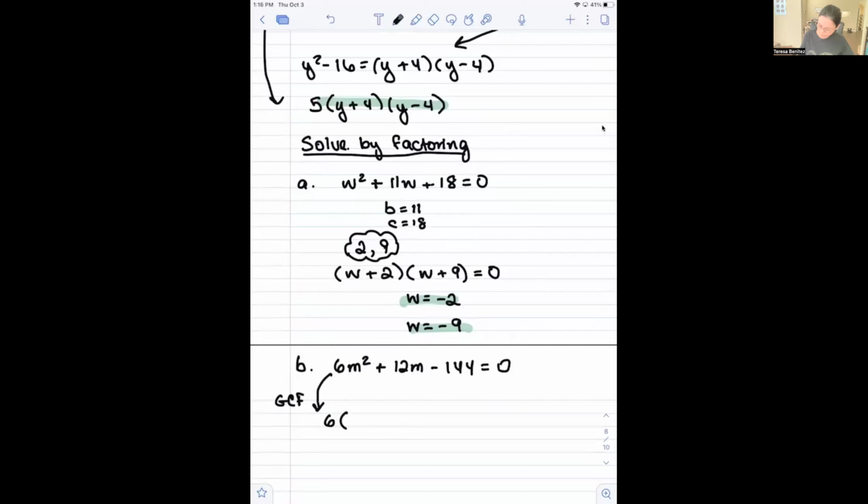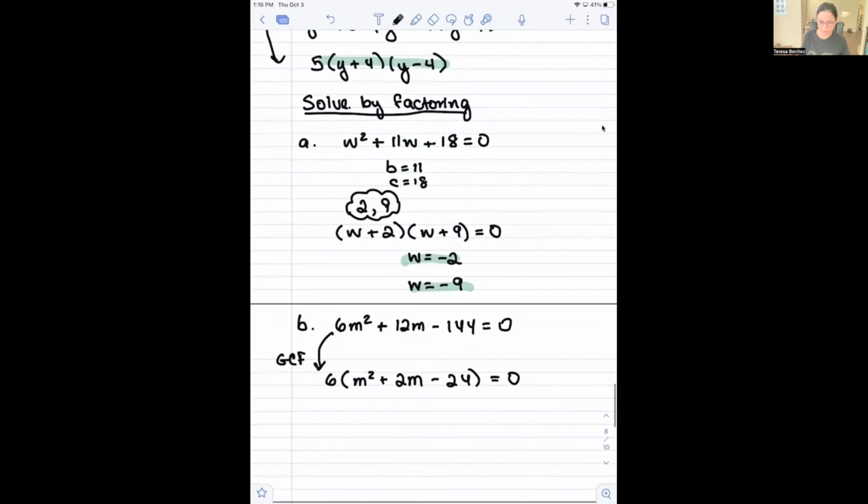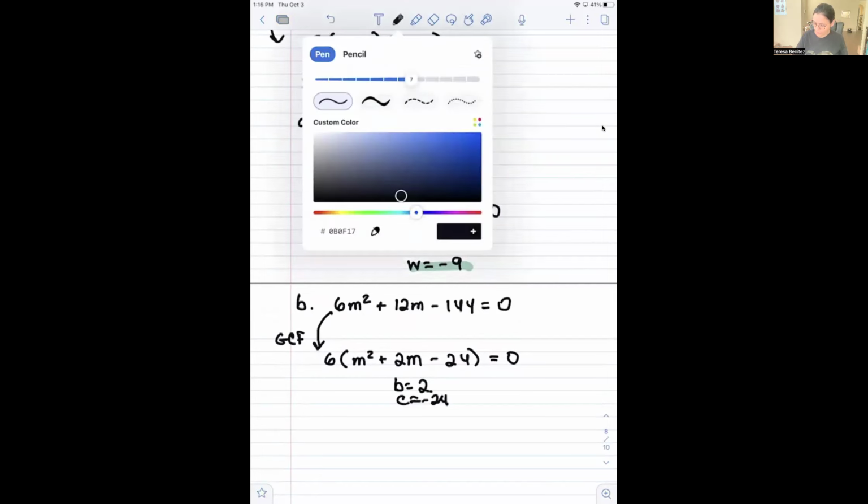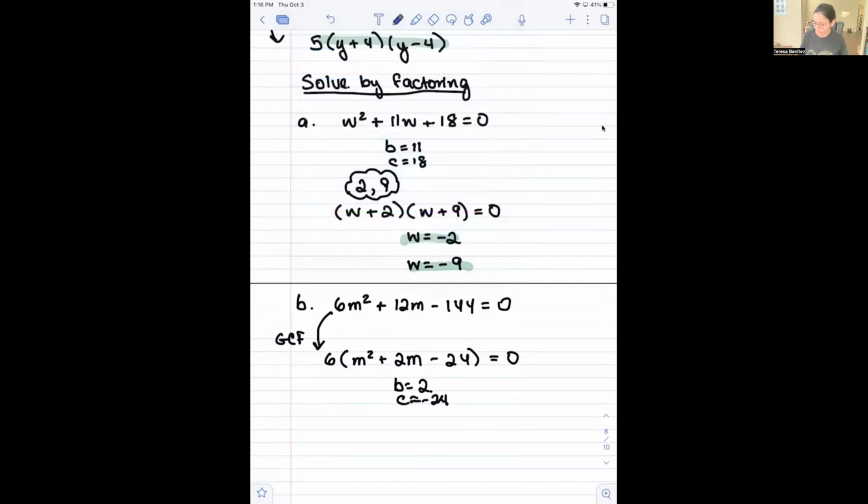I have 6m squared plus 2m minus 24 equal to 0. Okay, so if I can factor that m squared plus 2m minus 24, then make the whole thing equal to 0, then I don't have to use the AC method. So here I have that b is 2 and c is negative 24. So then, I gotta start looking for two numbers where that is true.